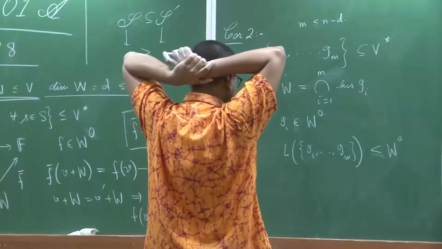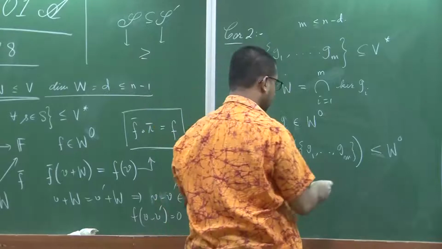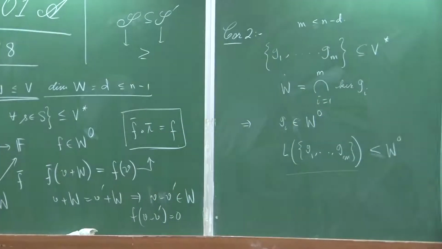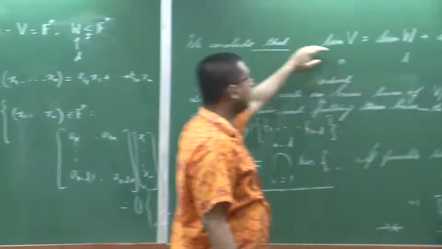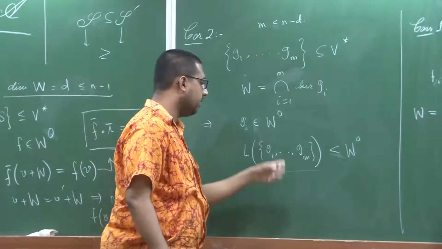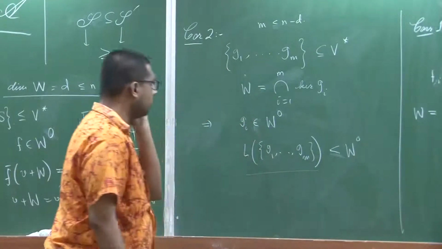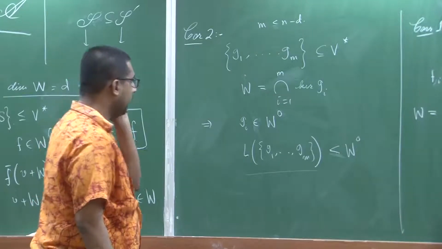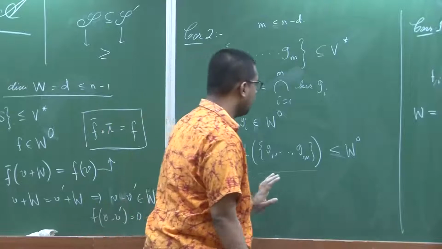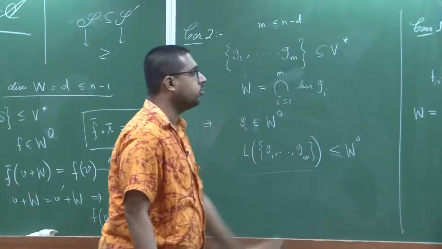Therefore, what you can see is that it contradicts the dimension formula, because the subspace annihilated by this is by my definition W. I think I should leave it as an exercise to you.